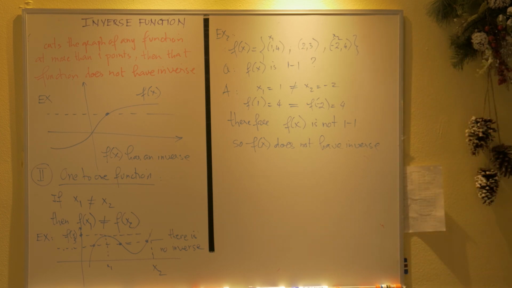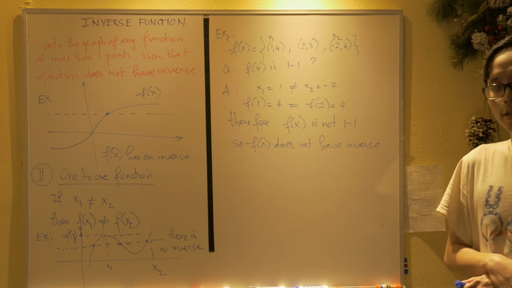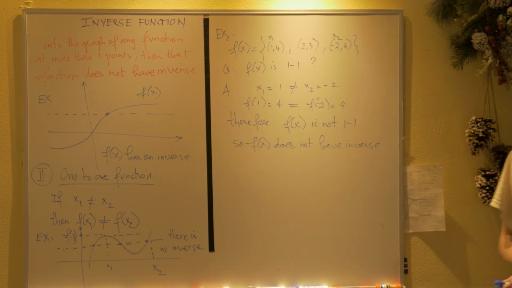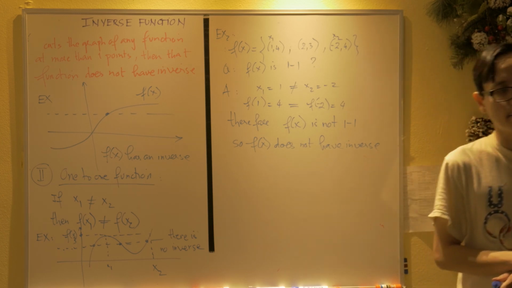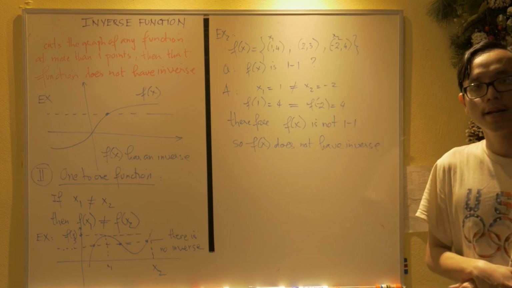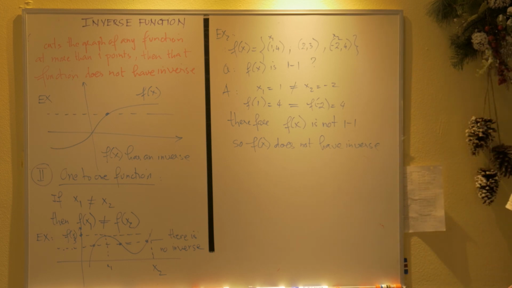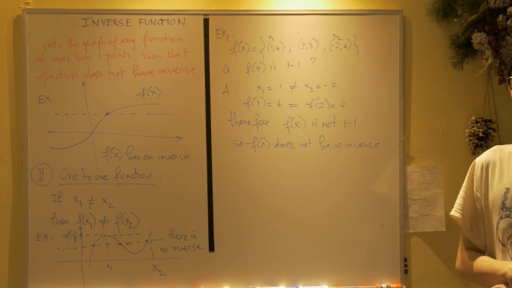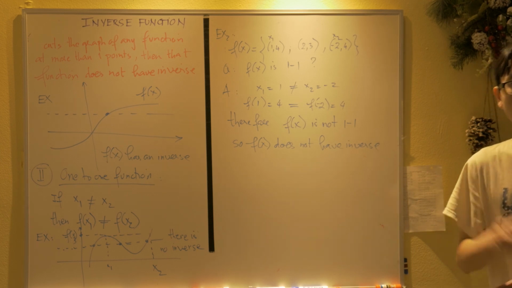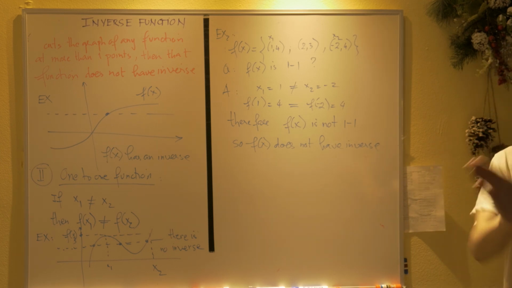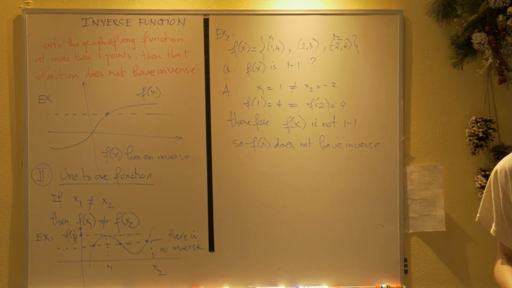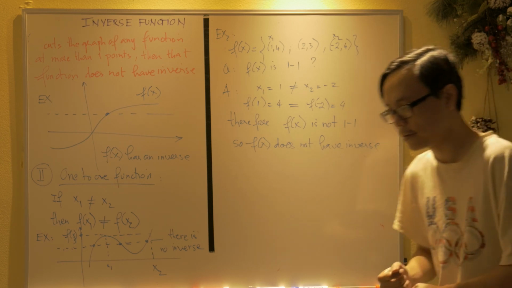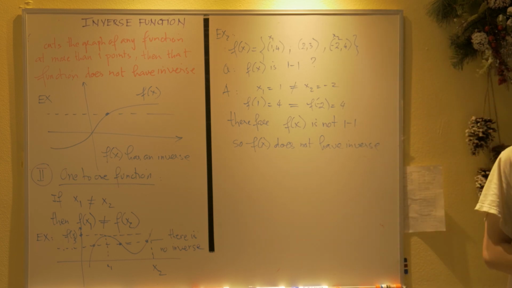After you compose f with g and g with f, and you see that it turns out to be the same as x, then we know that those two functions are inverses of each other, instead of going ahead and graphing it and seeing if it satisfies the vertical line test or horizontal line test or not. So that is the algebraic way.